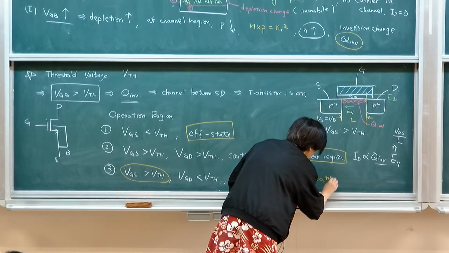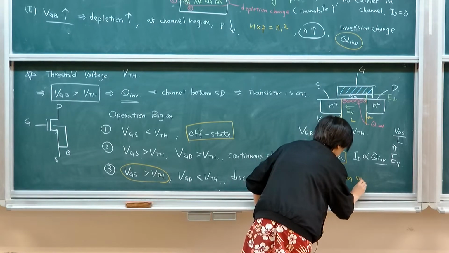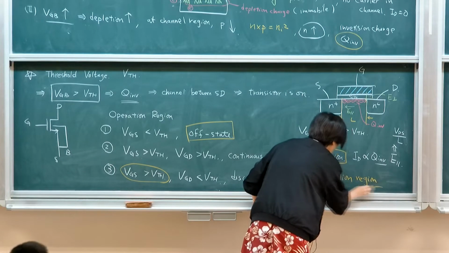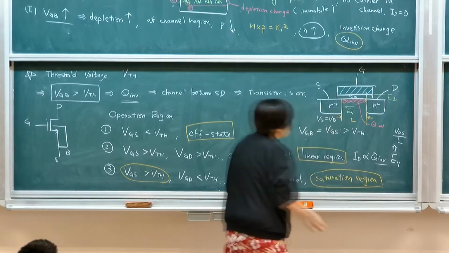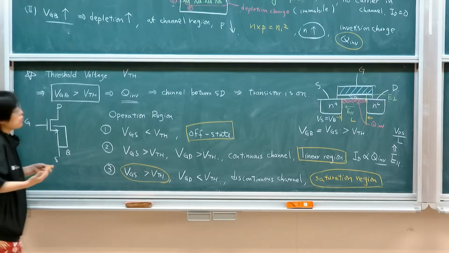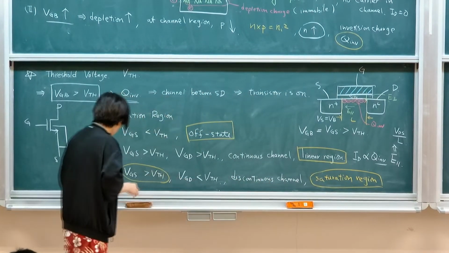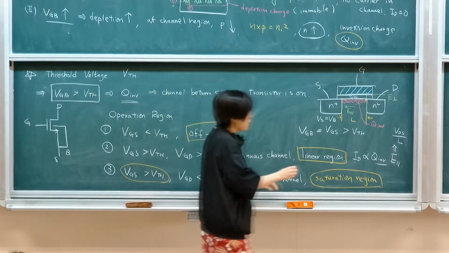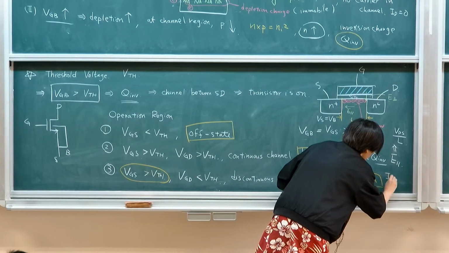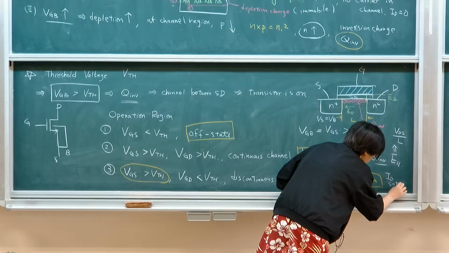This is called the saturation region. The device is operating in the saturation region. The saturation here implies the saturation of current, so the current will not rise as we increase drain bias. In this region, ID will saturate.